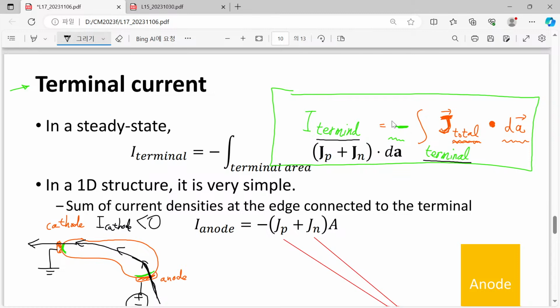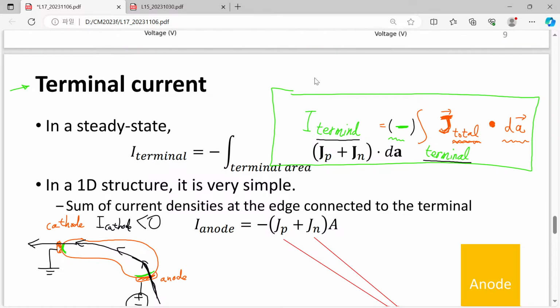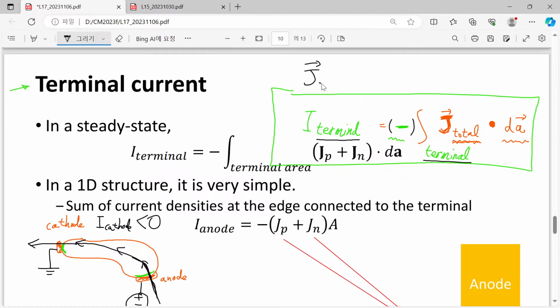After that, take the negative sign. That was my lesson. Then the next natural question is, what is this total current density? We never defined this quantity.